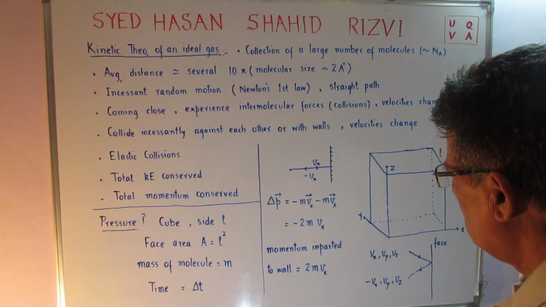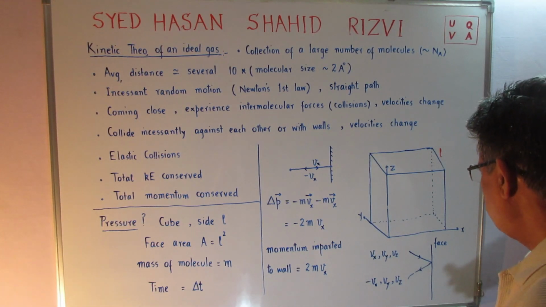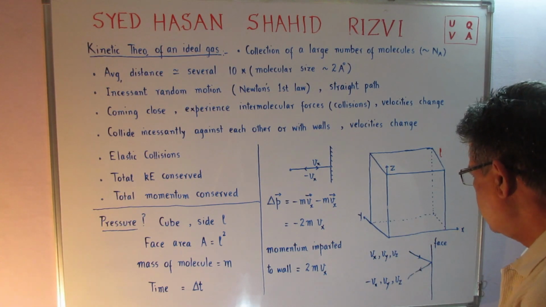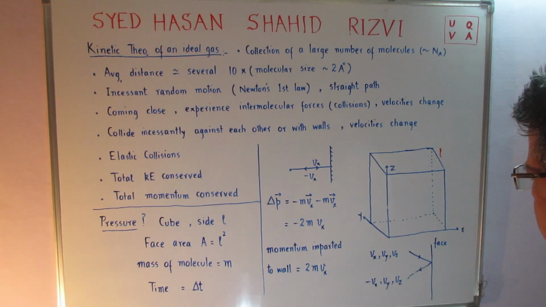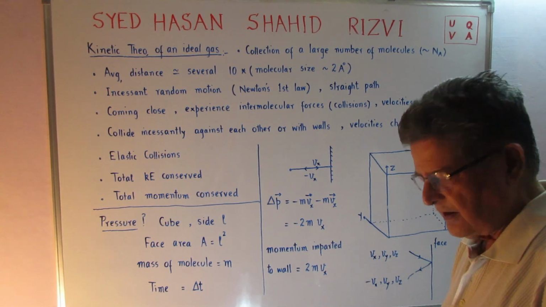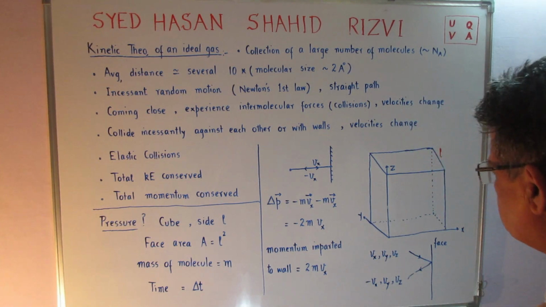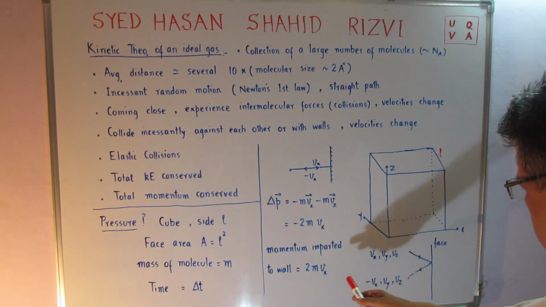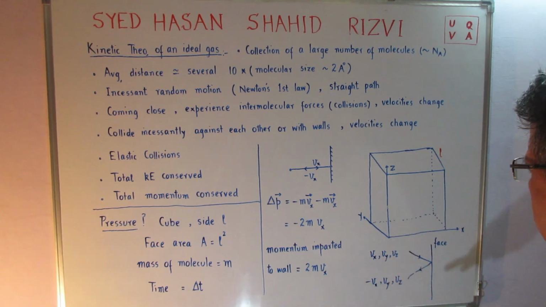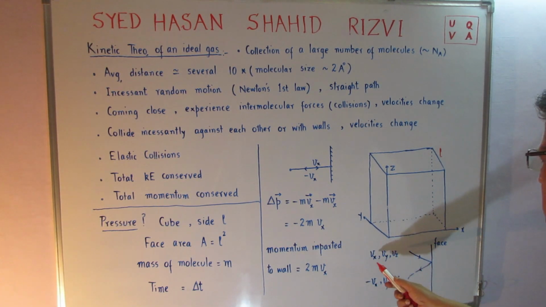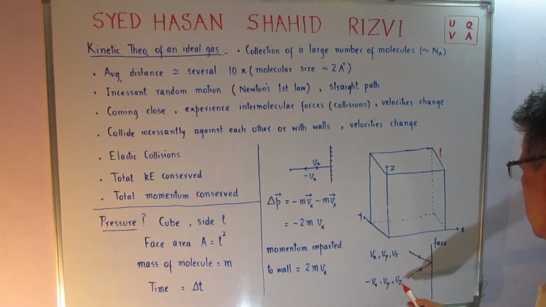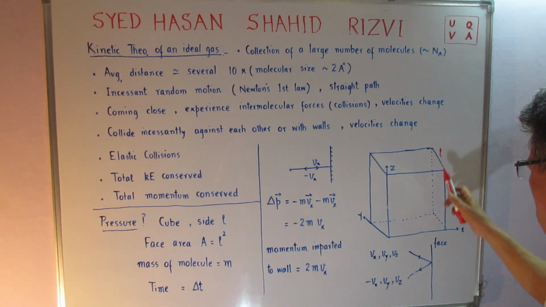Okay, so naturally, if we take one of the faces, then we find that, like the law of reflection, the angle of incidence is equal to the angle of reflection. So I've just shown you that the change is taking place only along the x-axis, and we have the velocity of the molecule Vx, Vy, Vz, which changes to minus Vx, Vy, Vz for this face over here.